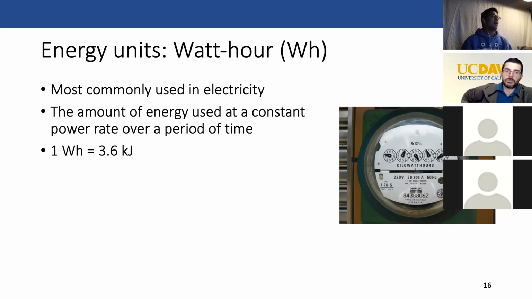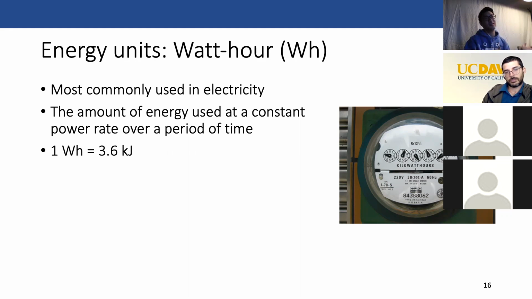So 1 watt hour is equivalent to 3,600 joules, or 3.6 kilojoules, right? So 1 watt for 1 minute is just 1 joule per second for 60 seconds, so 60 joules.